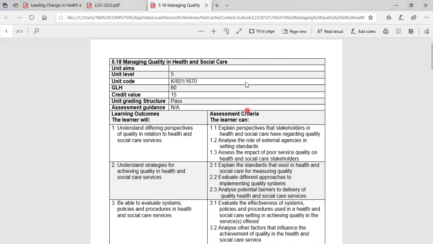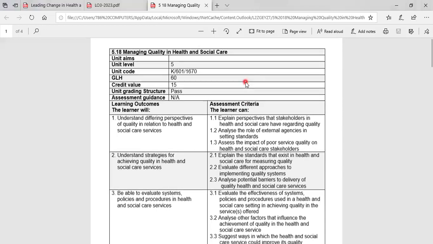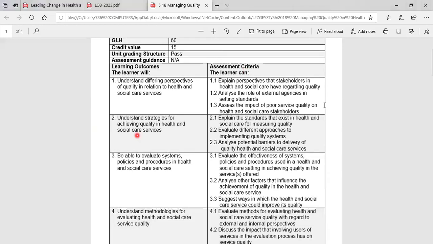So here you have your learning outcomes. When we had our sessions, we were talking about the different perspectives of quality in relation to health and social care services. So your assessment criteria is that the learner would be able to explain perspectives that the stakeholders in your care setting have regarding quality. This is a part of your assignment.